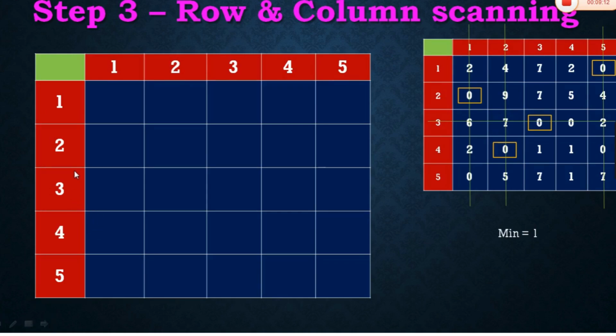Now we have to add this minimum value at the intersecting points, that is 6, 7 and 2. 6 plus 1 is 7, 7 plus 1 is 8, 2 plus 1 is 3. The other vertical and horizontal line marked values remain the same.